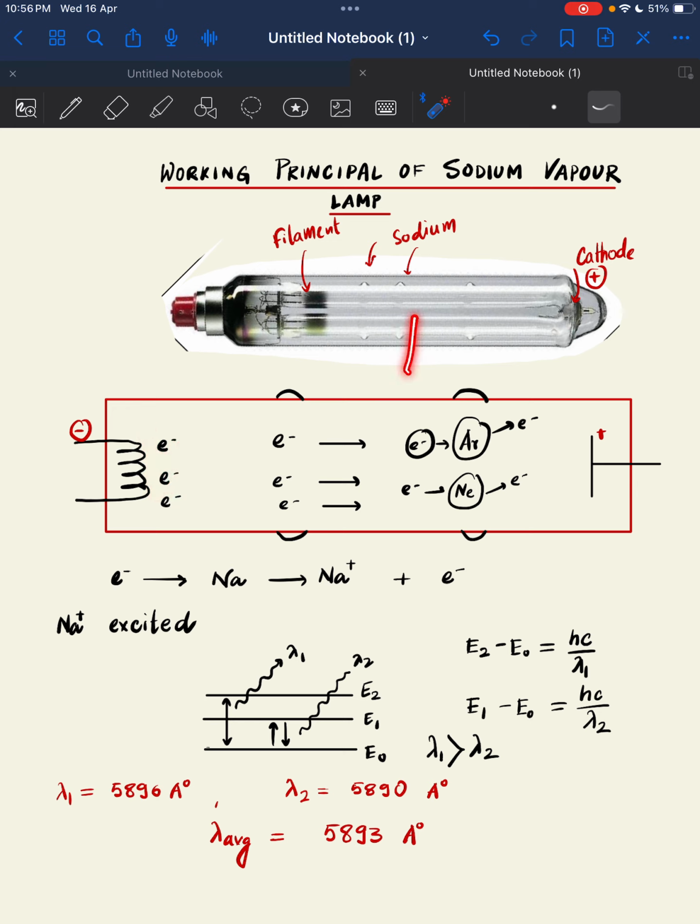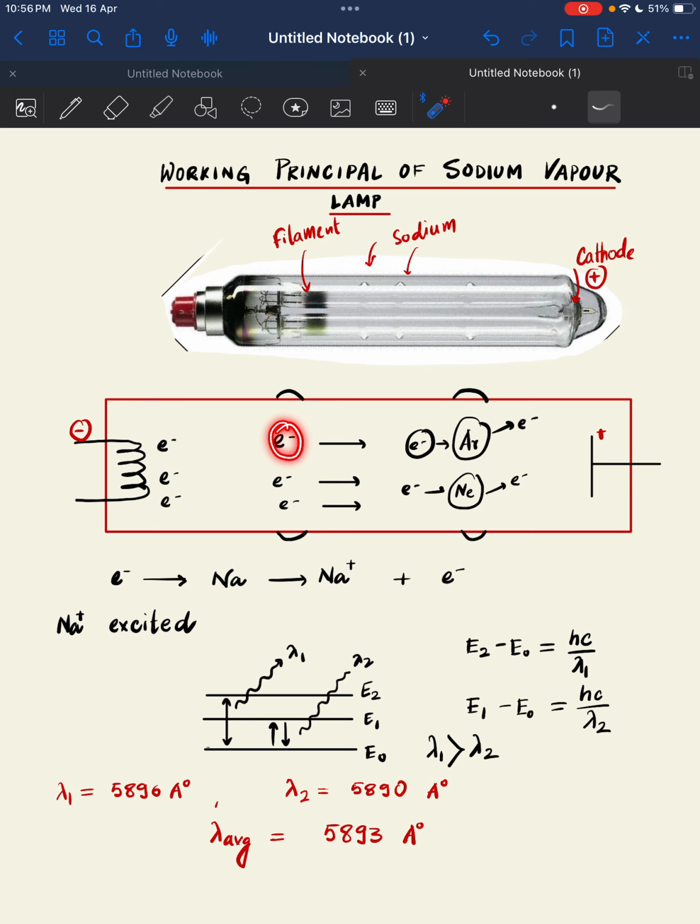Initially this gas tube will be evacuated, meaning all the gas particles will be sucked out using a pump. So there will be no gas particles remaining in the tube, and deliberately we will put argon and neon gas in the gas tube. Now when the electrons are ejected, they will have kinetic energy and accelerate towards the positive terminal of the circuit.